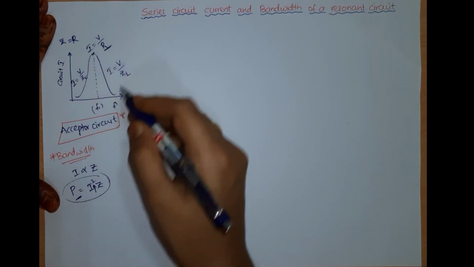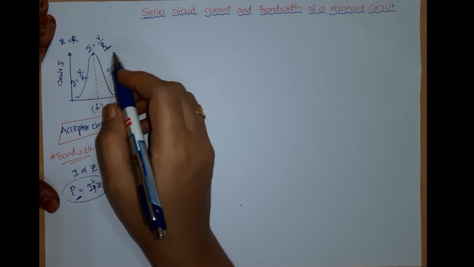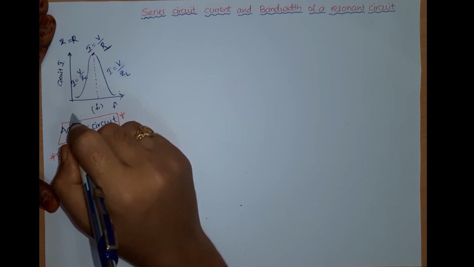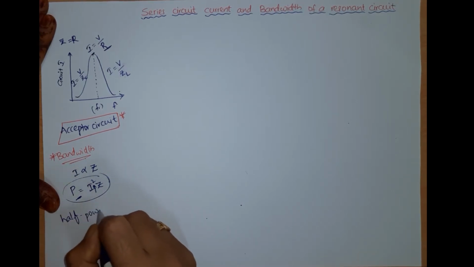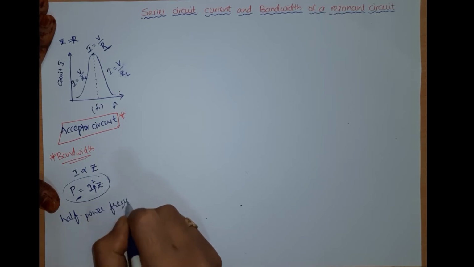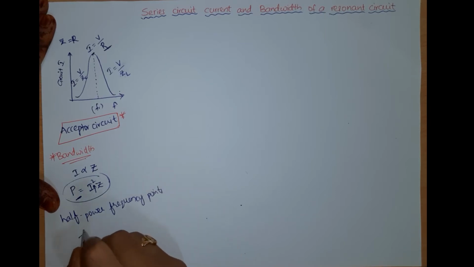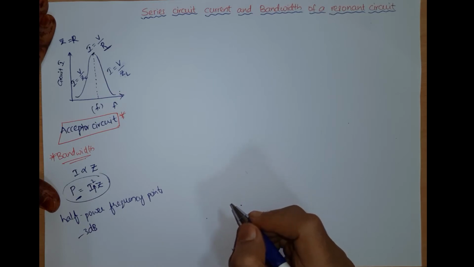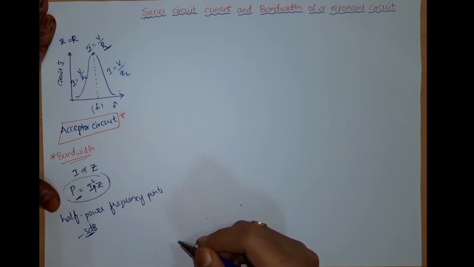We first calculate the average power absorbed by the total circuit, and if we measure only up to half of its maximum value of power at resonance, we get two frequency points that are called half power frequencies, or half power points, which are minus 3 dB down from the maximum. If you take 0 dB as the reference value, this will be minus 3 dB below the 0 reference value.